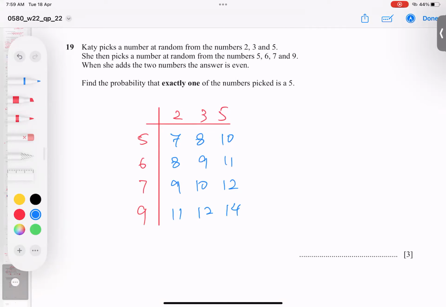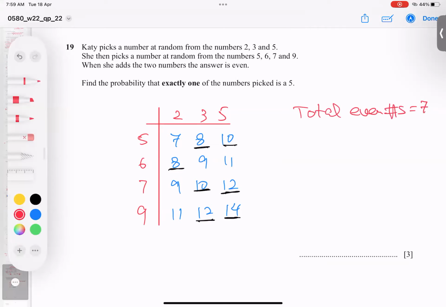But he said even numbers. So I will mark even numbers by putting a black underline. Black underline stands for even numbers. You can see the even numbers. How many? 1, 2, 3, 4, 5, 6, 7 even numbers. So total even numbers, we get 7.